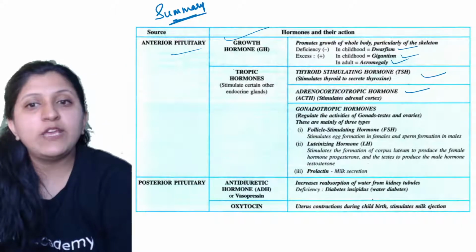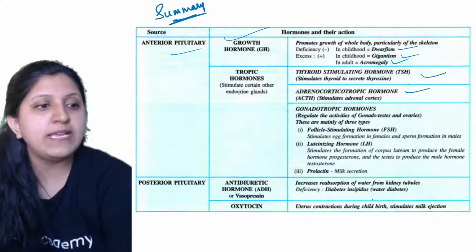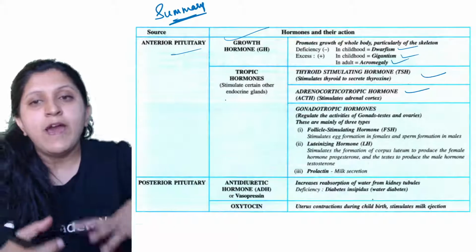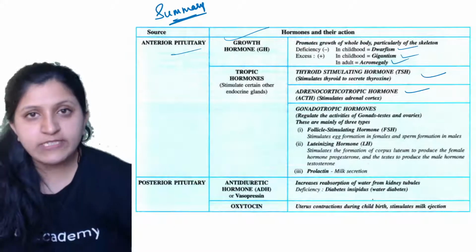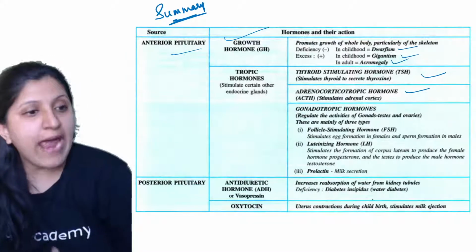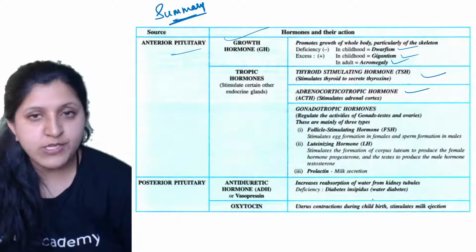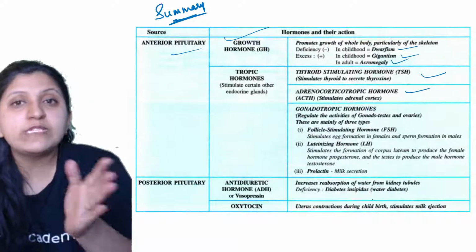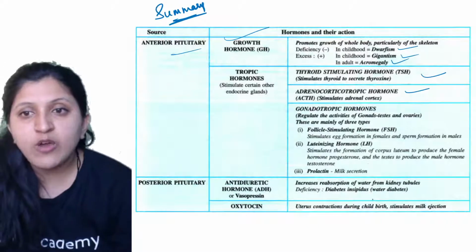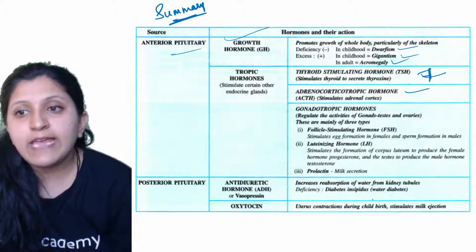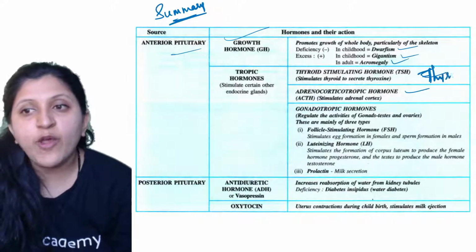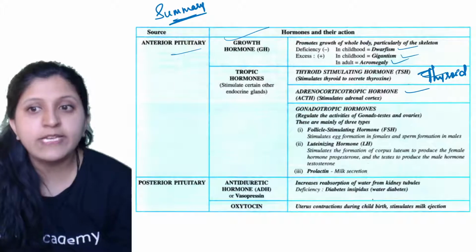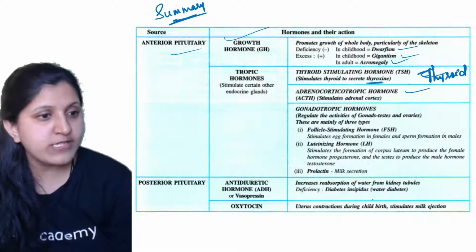When hormones like thyroid stimulating hormone or adrenocorticotropic hormone are released, they stimulate other endocrine glands. This one is stimulating the thyroid gland, which is stimulated to produce thyroxine hormone.